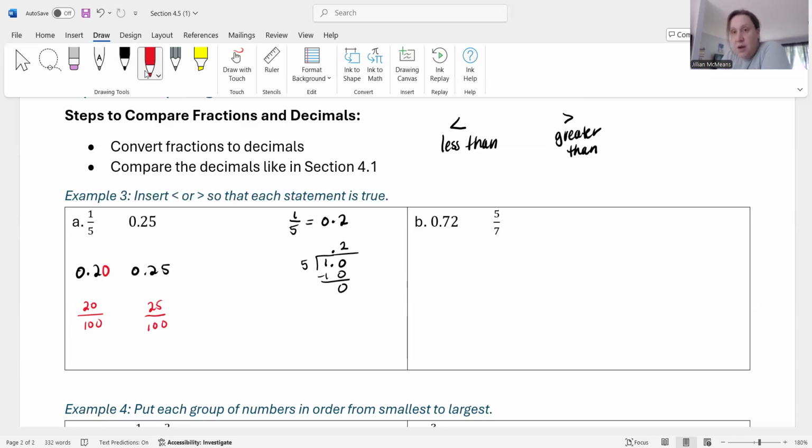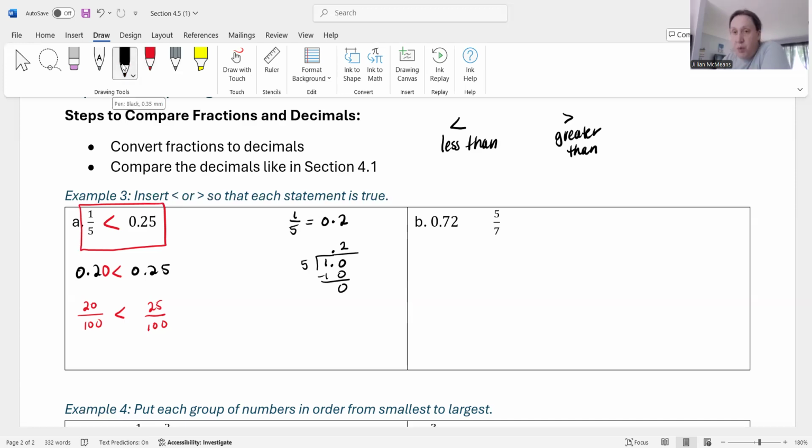And as long as we have a common denominator, it's really easy to compare fractions. We just compare the numerators. So which is bigger, 20 or 25? Well, 25 is definitely bigger than 20. So I would say 20 hundredths is less than 25 hundredths. So 0.2 is less than 0.25, which finally tells me 1/5 is less than 0.25. Okay? Let's look at part B.